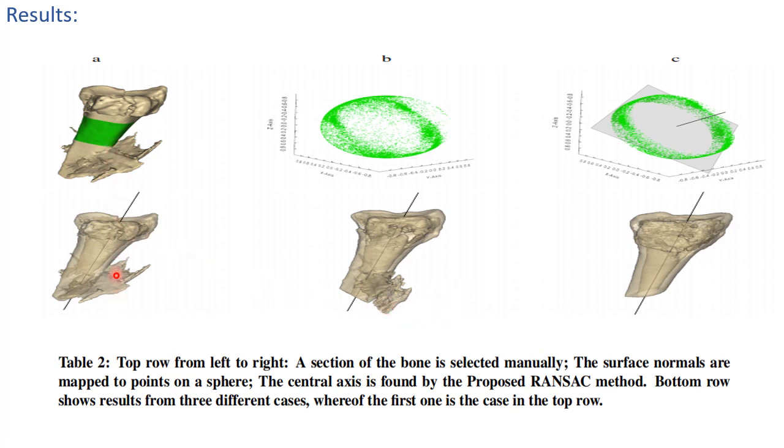See the same bone structure in the different other cases. These are surface normals represented as points on a sphere. They worked with this method on some aerial images also, which are taken from space.